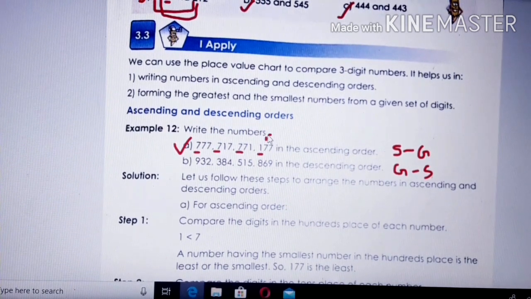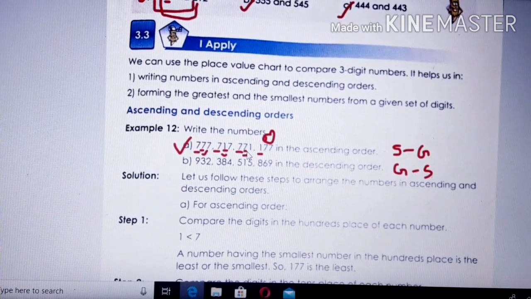The number 177. Okay. Now we have to compare among these 3 numbers. So let's move to the tens place. Here is 7, 1, 7. So you can see that 1 is there, isn't it? It means 717 is the second smallest number.